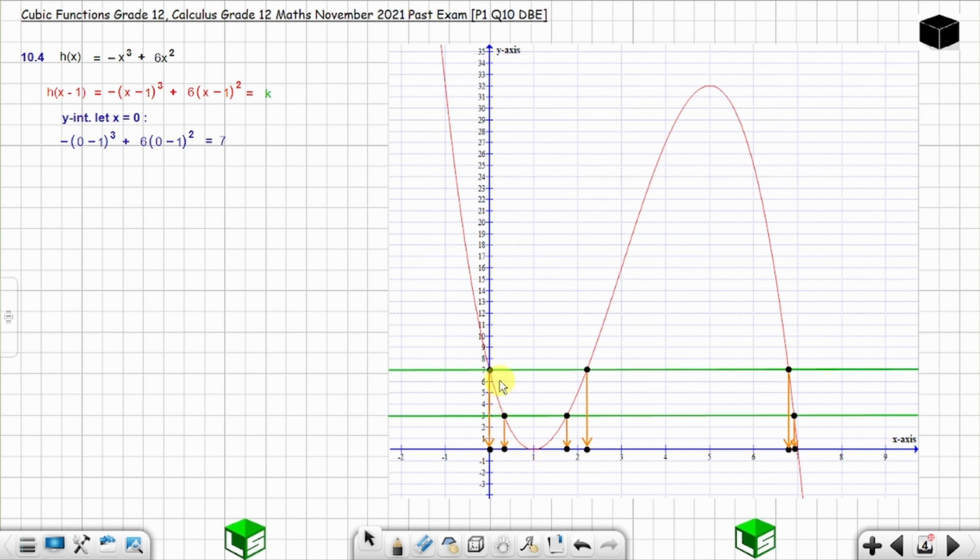What about a value of k above 7? Above 7, for example, we can use 30. So you have the line cutting the graph at this point, and at this point, and at this point. Remember, the turning point is there at 32, so we are testing 30.